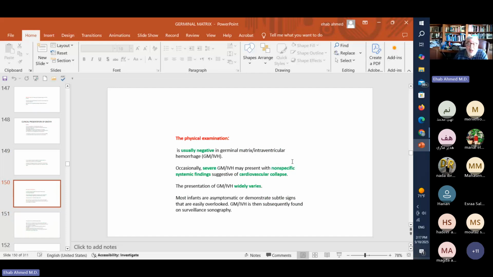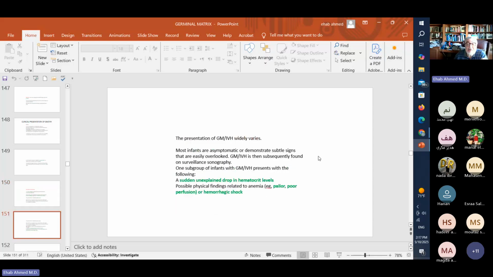As we saw, the ventricular system can accommodate a huge amount of blood, so the baby could become anemic and shocky because of hypovolemia. And there is in between, okay? So there is a wide variation in the presentation.